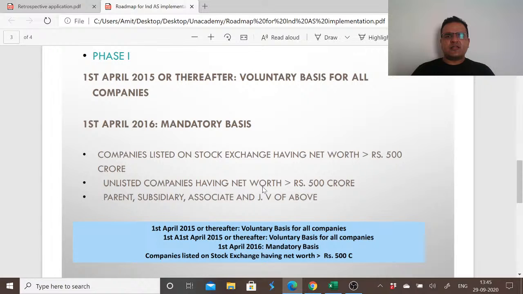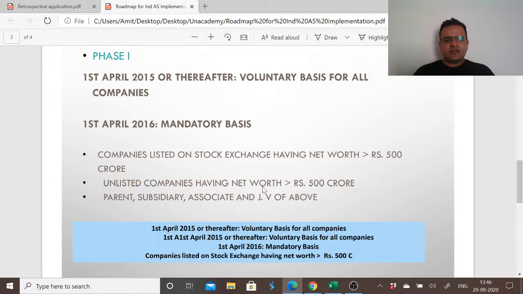It was applicable to all the companies listed on the stock exchange having a net worth of more than 500 crore, all unlisted entities having a net worth of more than 500 crore, even parent subsidiaries, associates and JVs were also under the purview. Even the subsidiaries and associates had to prepare financial statements on the basis of Ind AS for the purpose of consolidation, because they had to facilitate presentation of consolidated financial statements also based on Ind AS.